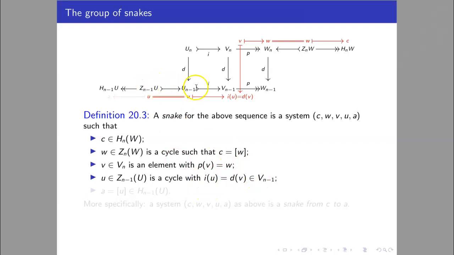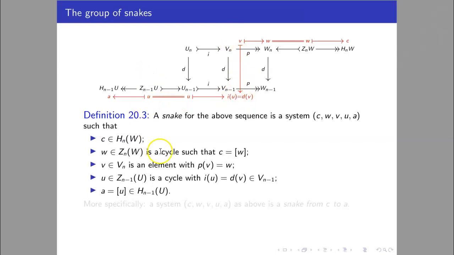So here, remember, you've got your U_{n-1} here and Z_{n-1}(U), that's the subgroup of cycles there. So u is supposed to be an element of this subgroup of cycles with the property that if we do i(u), so we push across using this map i here, then what we get is the same as d(v). So it's the image of this v under this vertical map d here.